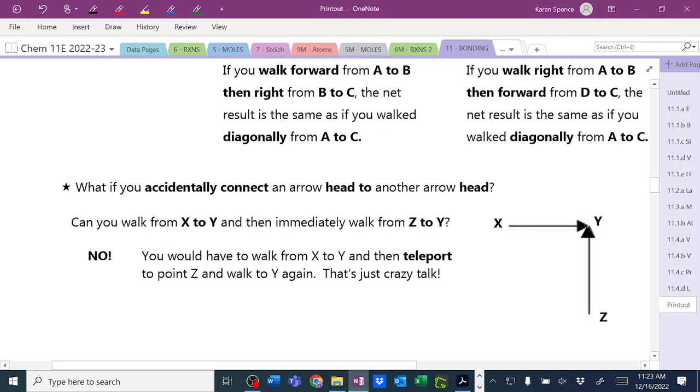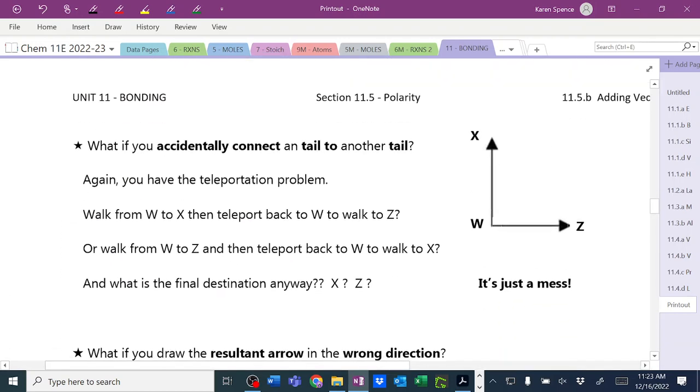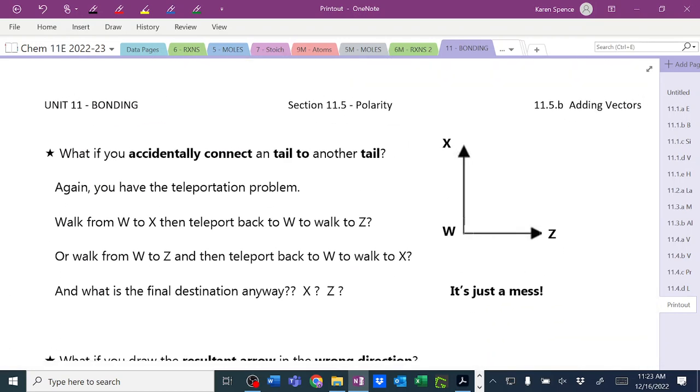We're not really taking a journey then, yes? Same problem if you put two tails together. We could walk from W to X and then teleport back to W and walk to Z. And then the question becomes, which was our final destination? Was it W? Was it X? It's just a mess, right? It's not working because that's not the way we do vectors, okay?